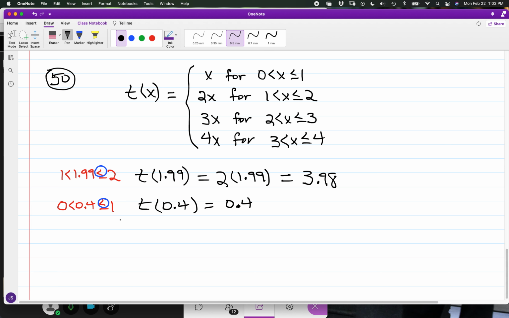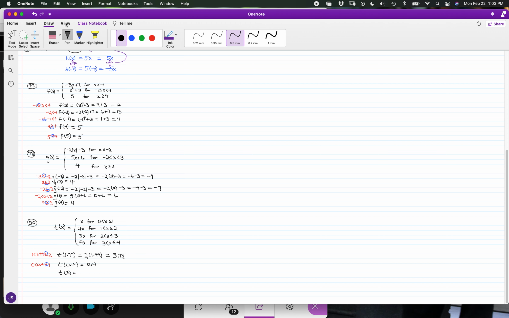And for t of 3, where 3 belongs, you're going to be hunting down the equal sign referencing 3, and this will be the third compound inequality.